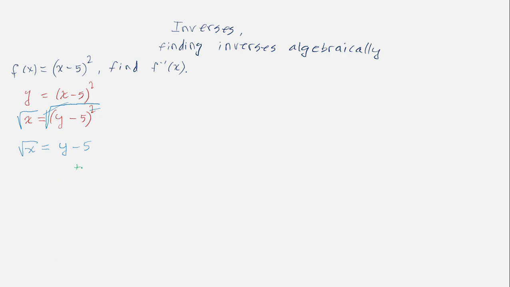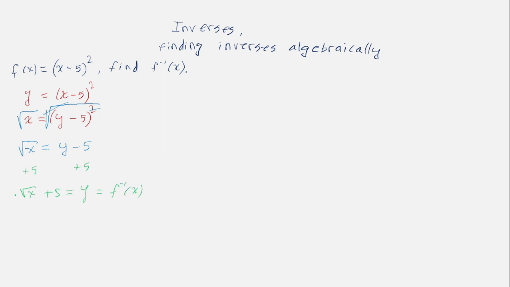So now we say plus 5 on both sides. So we will get square root of x plus 5, that's actually not under the root, equal to y, now by itself. So this is actually our inverse.